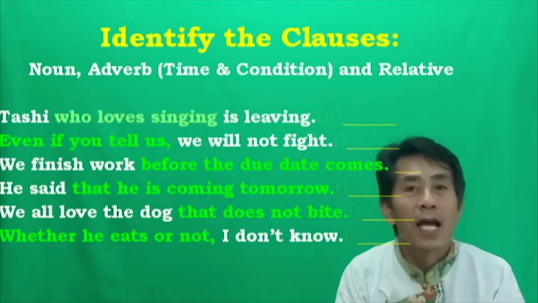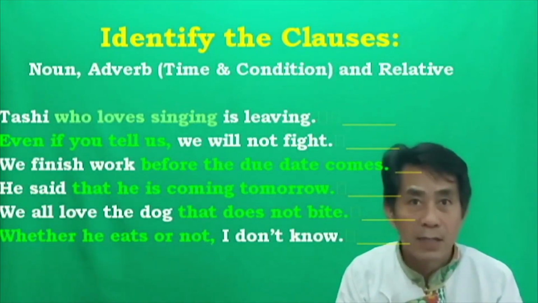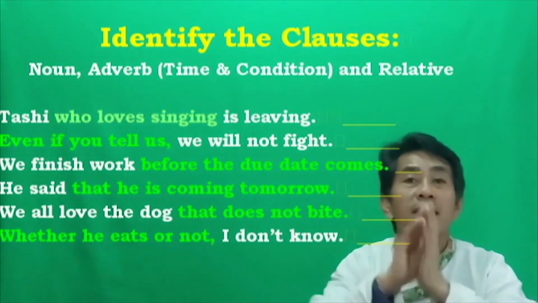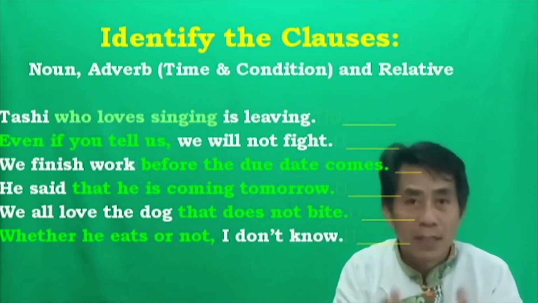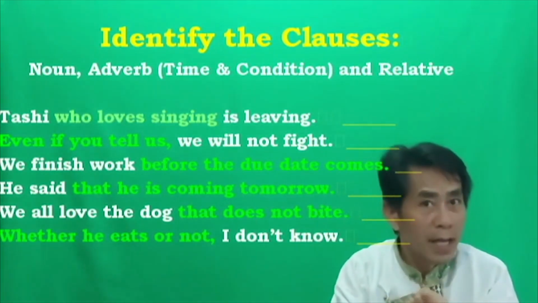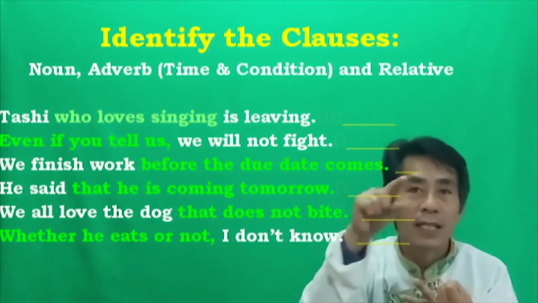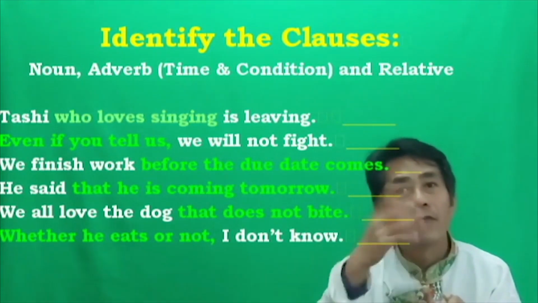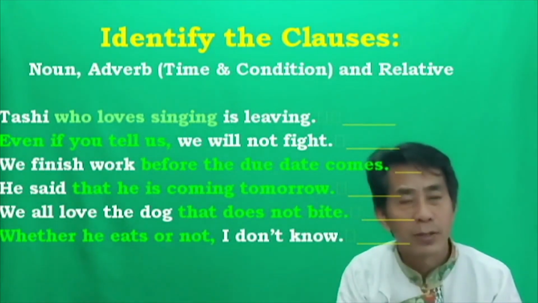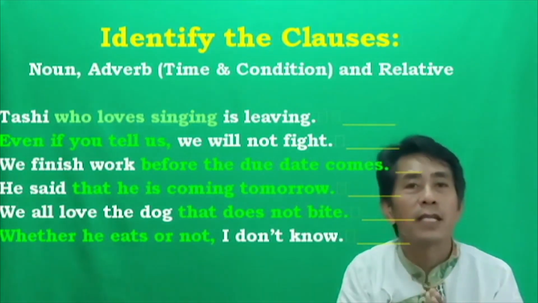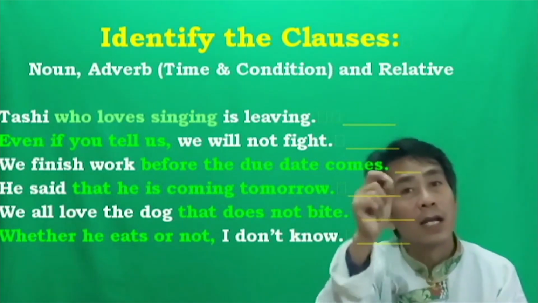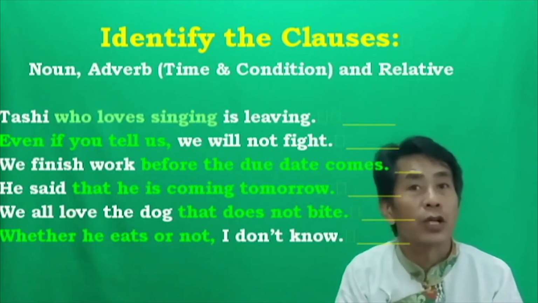So, finally, I have this exercise for you. You have to identify all the clauses that we have done today. The first one, noun clause, adverb clause. In adverb clause, you have to identify the time and condition. And finally, the relative clause. So you just go through the sentences one by one and then put the right clause name.